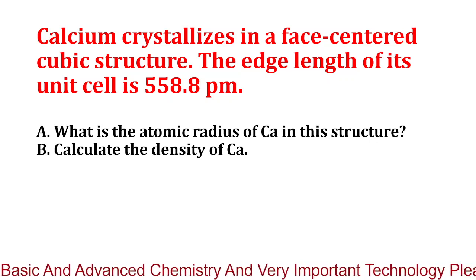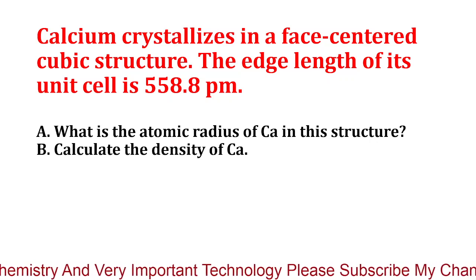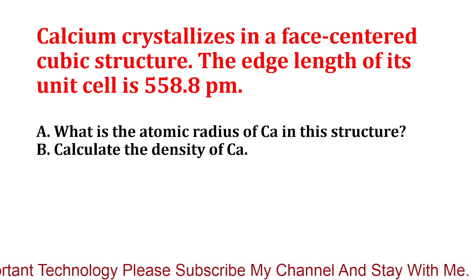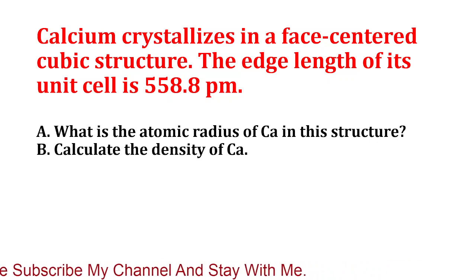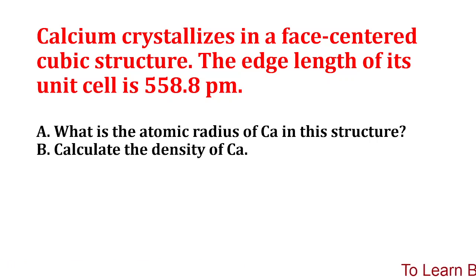Now you can calculate the volume of the calcium atom, because you are familiar with the formula of a sphere. I have mentioned 4 by 3 pi r cube. That is the formula of volume of the atom. So 4 by 3 pi r cube, where r is 279.4 picometer.